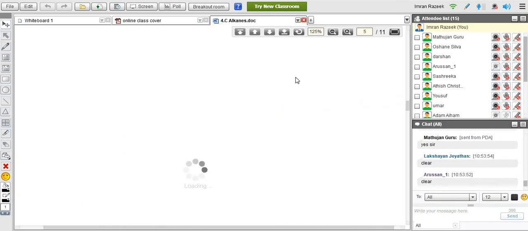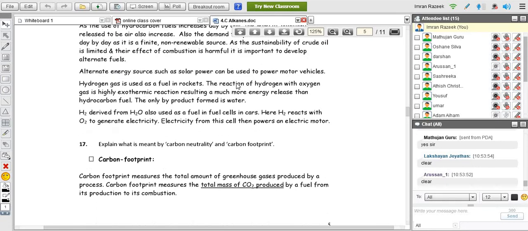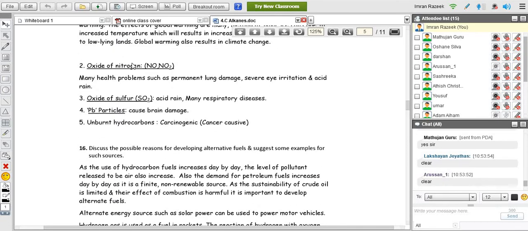That's sulfur dioxide, and there are so many other toxic gases, like lead particles, which cause brain damage, irreversible brain damage, and unburned hydrocarbons are carcinogenic, cancer causing. Of course, now you get unleaded petrol, so the lead issue is not there anymore from burning hydrocarbons.